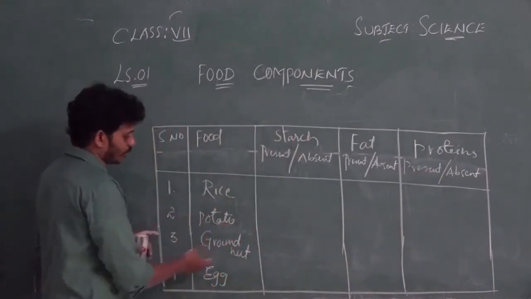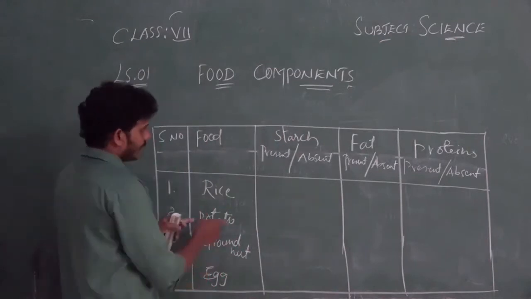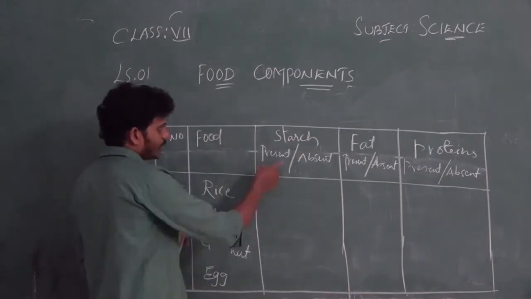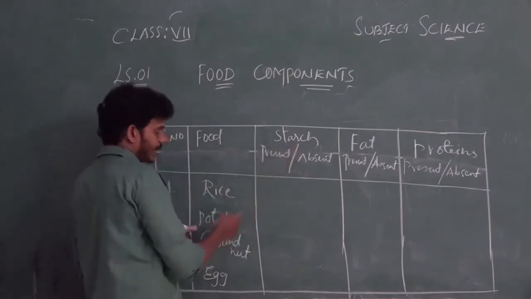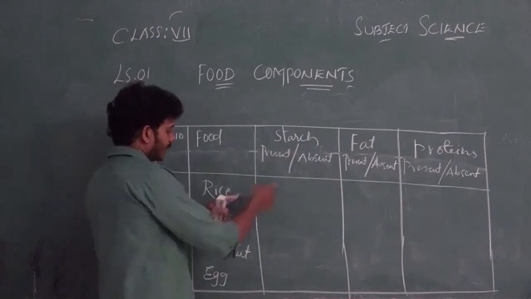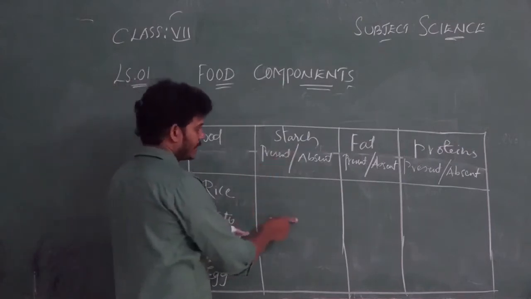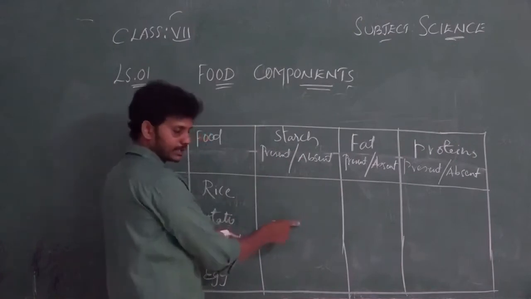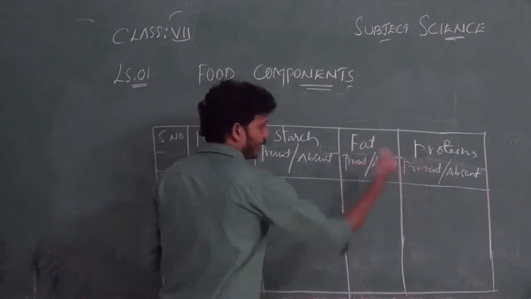The same for potato, groundnut and eggs also. For potato, go for the starch or carbohydrate test. If it contains starch, write present, and if not, write absent. At the same time, go for the fat test and protein test also.